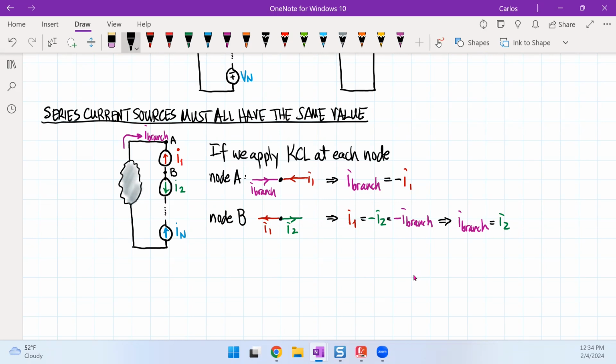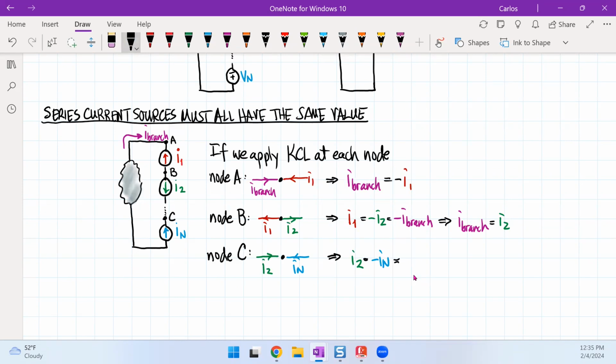And if I focus, let's say, on node C here, let's assume that the only source is I2 and IN. Then if I look at that node, I have the green coming in like this, and I have the blue coming in like this. So again, if I apply KCL at this node, that tells me I2 must be the same as negative IN.